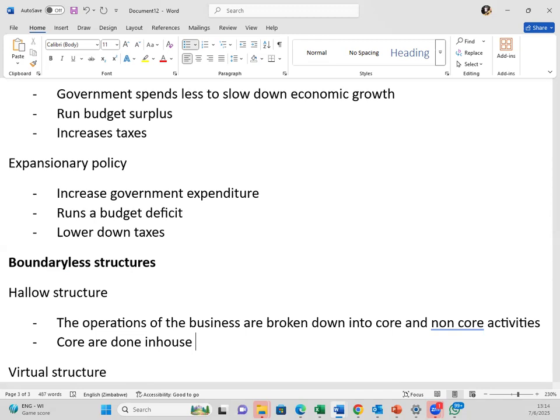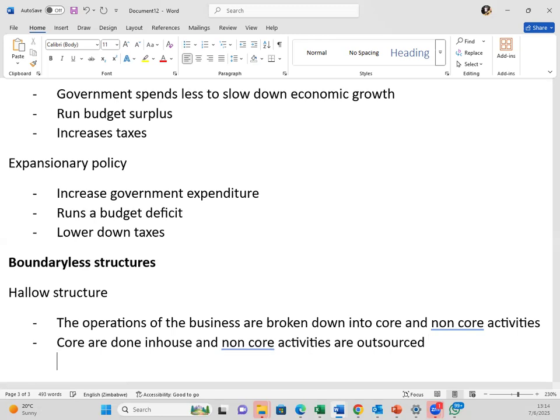So the core activities are done in-house, and the non-core activities are outsourced.